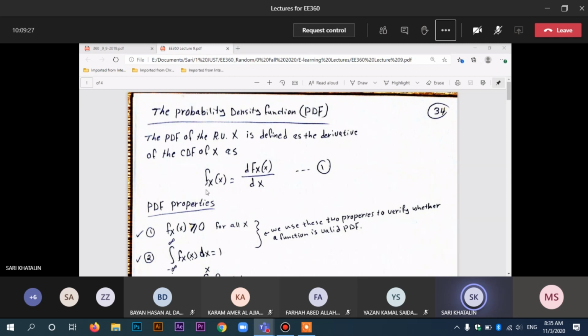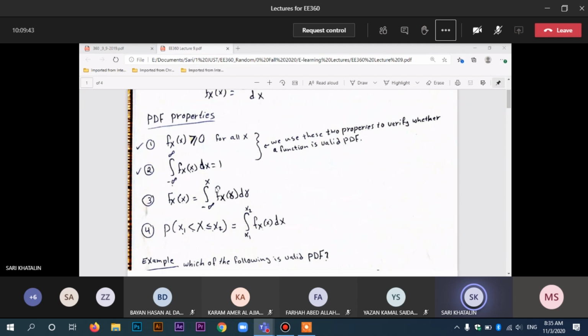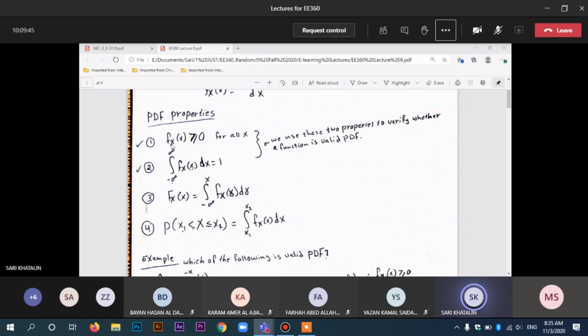So here we will use capital F_X for the CDF, and small f_X for the PDF. One of the first properties is that the PDF must always be larger than or equal to 0; it cannot be negative for any x.